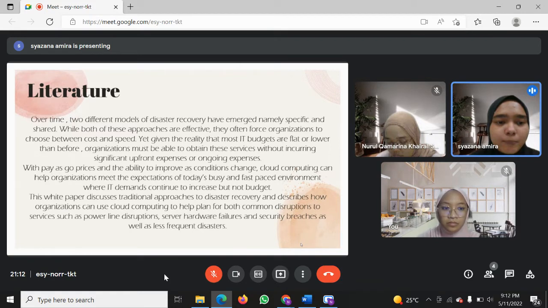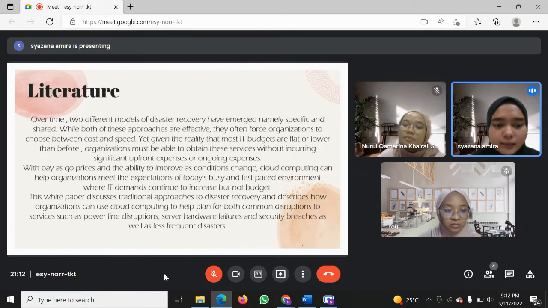With pay-as-you-go pricing and the ability to improve as conditions change, cloud computing can help organizations meet the expectations of today's busy and fast-paced environment where IT demands continue to increase but not budget.